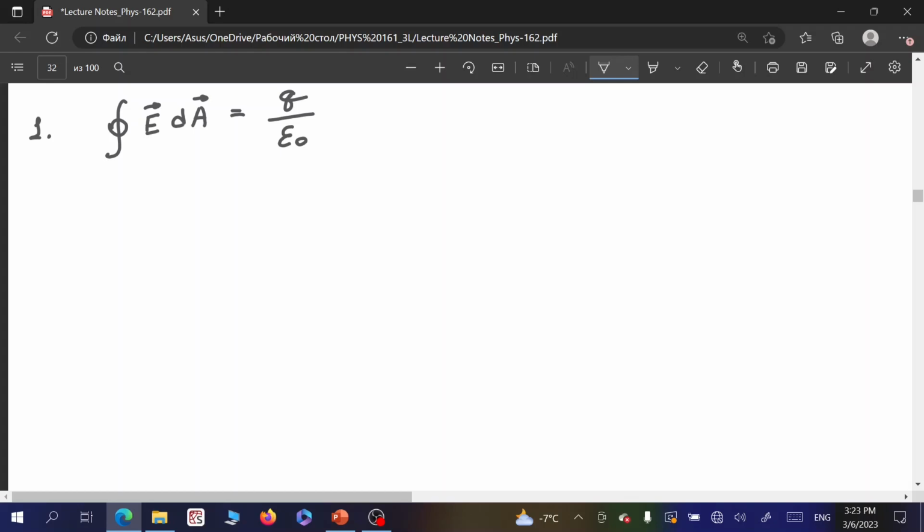Exactly. So we have a statement that the integral over a closed surface, which defines some volume, of the scalar product of the electric field vector and the dA vector, meaning the vector perpendicular to the elemental surface with magnitude defined by the area of this element, will be equal to the electric charge confined in this closed surface divided by epsilon naught.